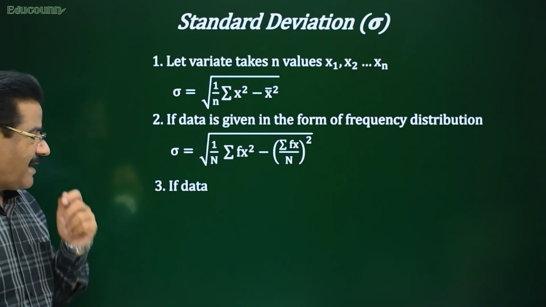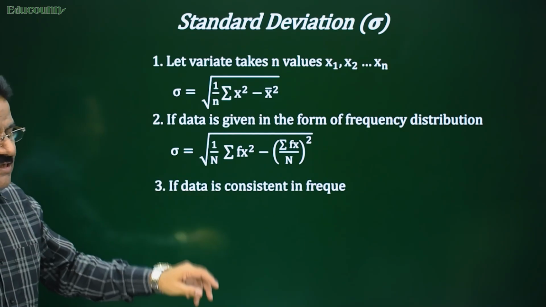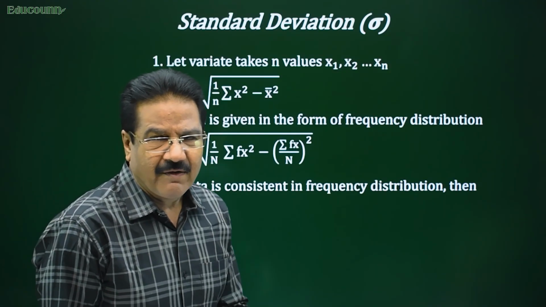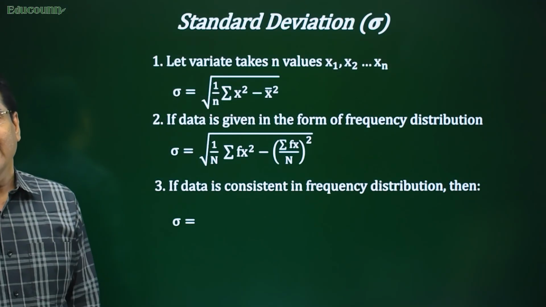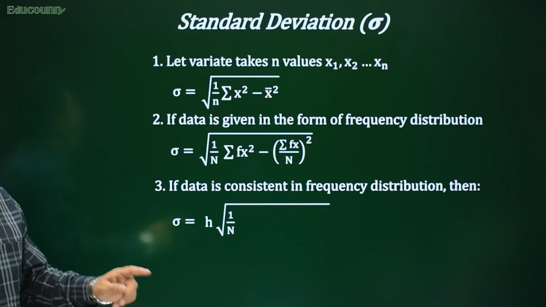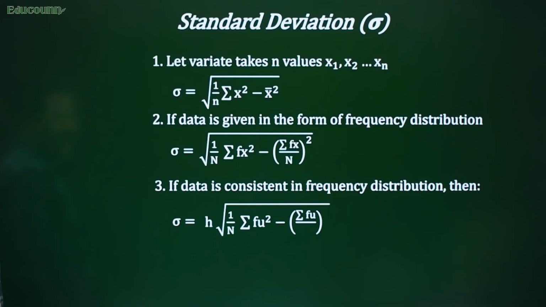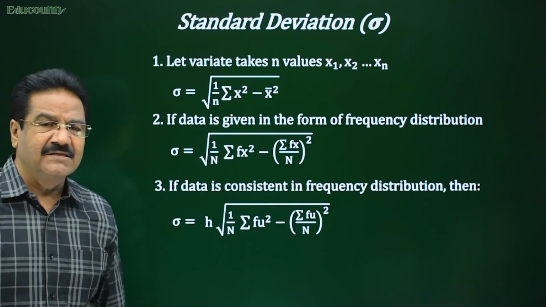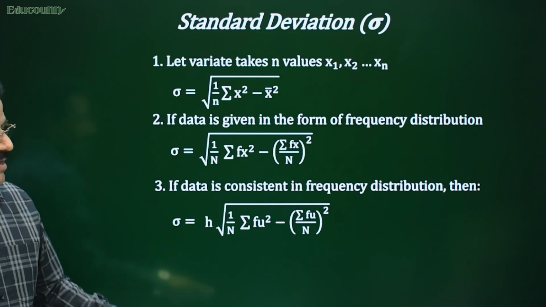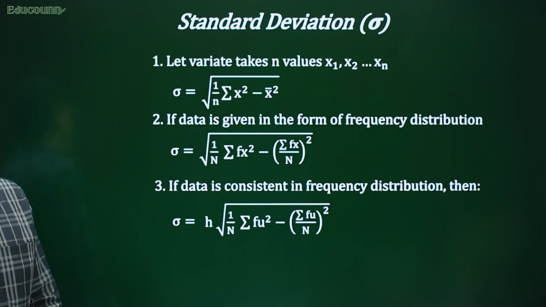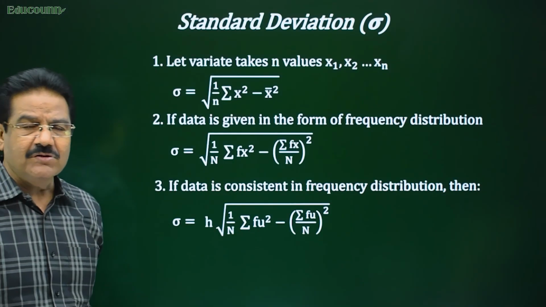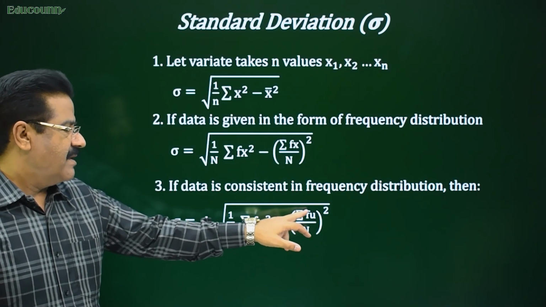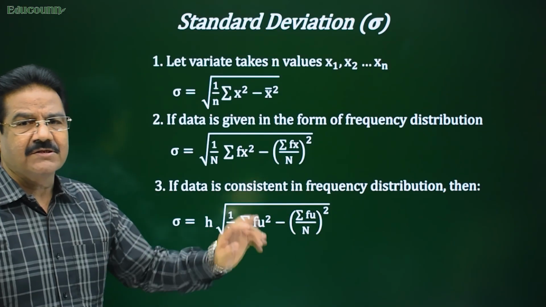Now number three, we can take if data is consistent in the form of frequency distribution, we can go for substitution. That is, u is equal to x minus a upon h, and in that case sigma is given by this formula. Now there will be h outside the root, 1 upon n summation of fu square minus summation of fu upon n whole square.